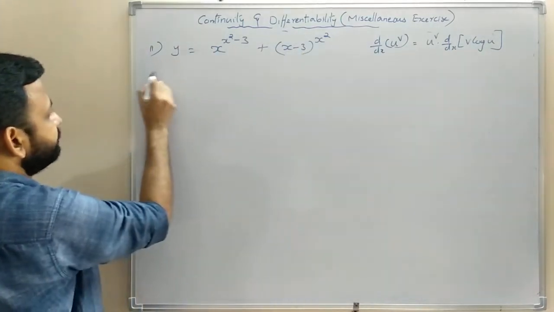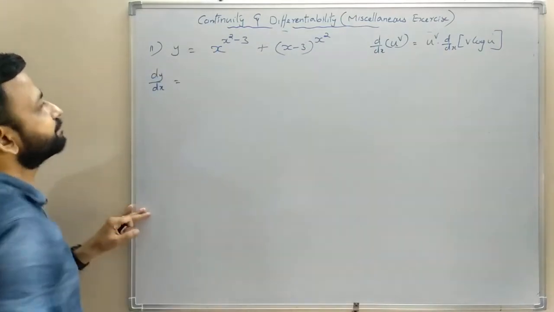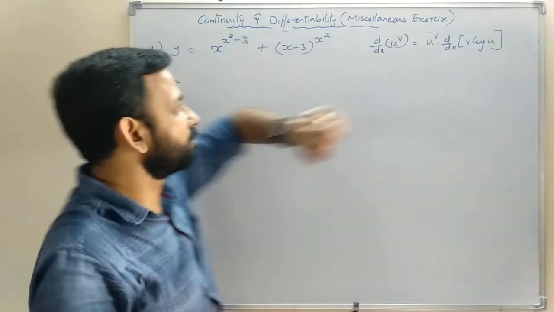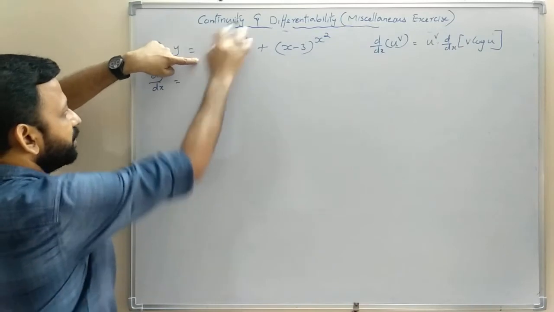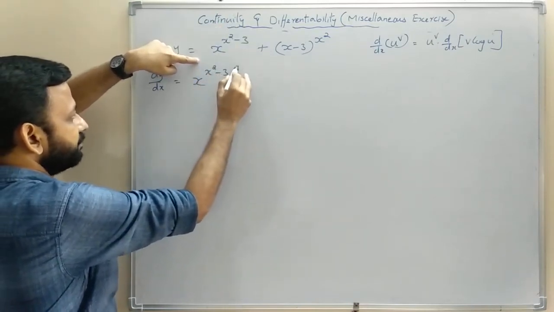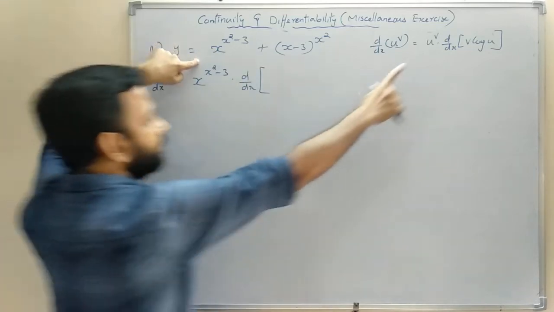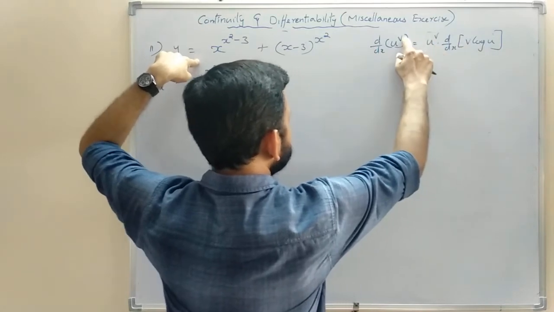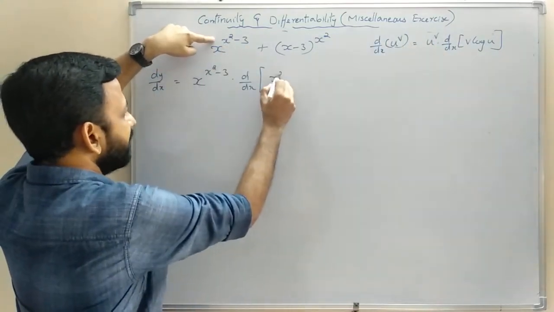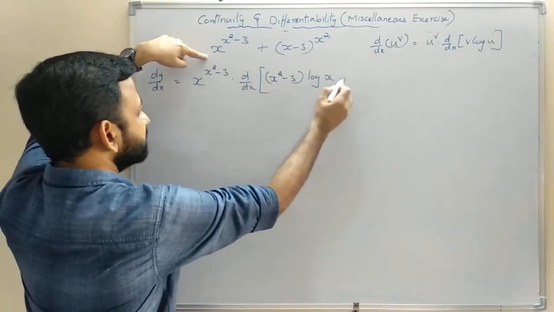Then dy by dx. Here I am using that formula. dy by dx is equal to d by dx of u raised to v: u raised to v, that is x raised to x square minus 3, into d by dx of v log u. The exponent is x square minus 3, so x square minus 3 log base x.